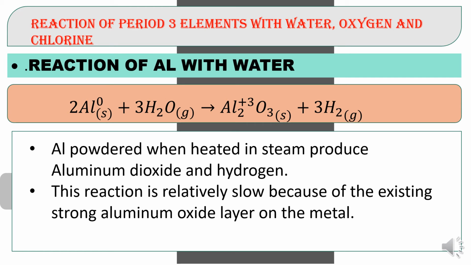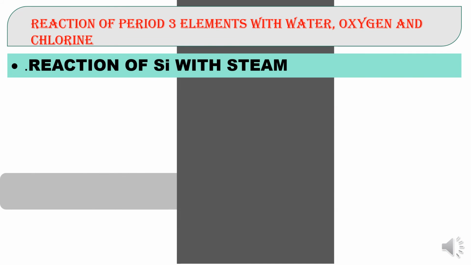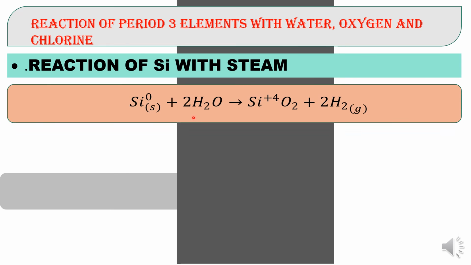Now we will study the reaction of silicon with water, the reaction of silicon with steam. Silicon is stable because there is a covalent bond between silicon and silicon, so if we put silicon in water, nothing will happen.